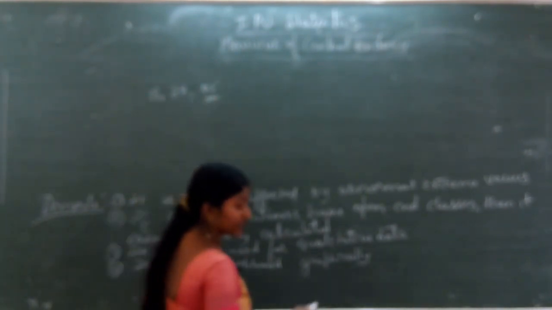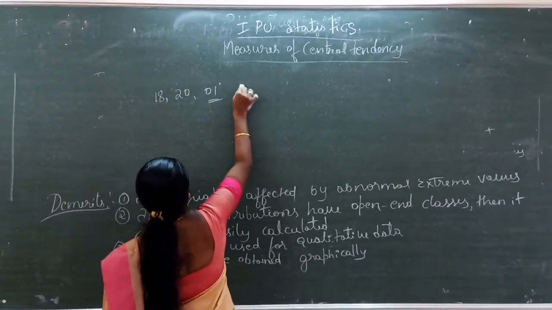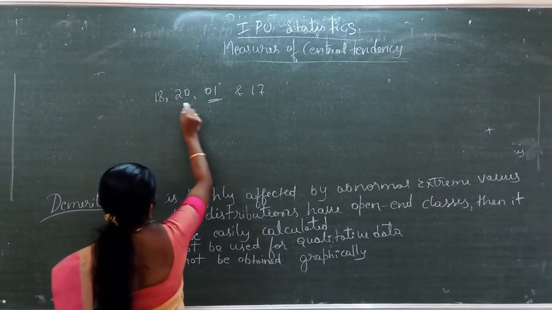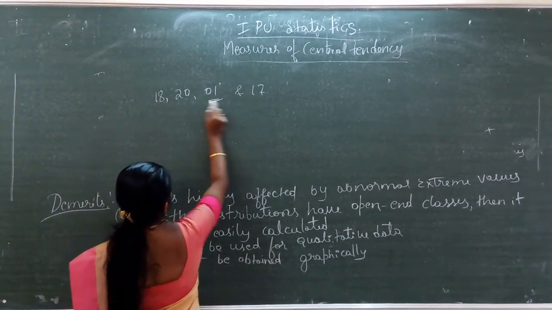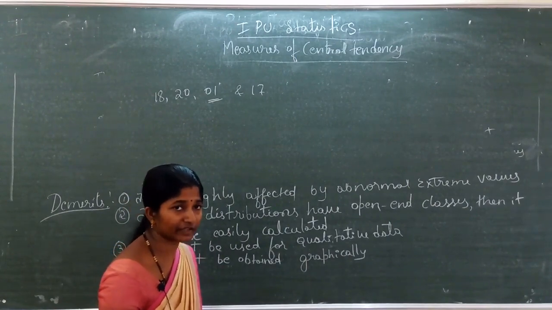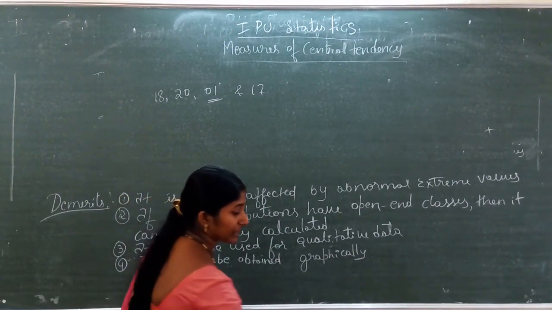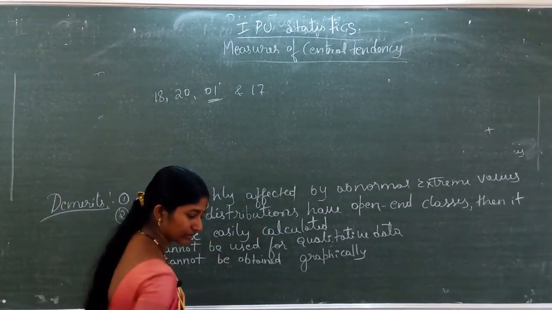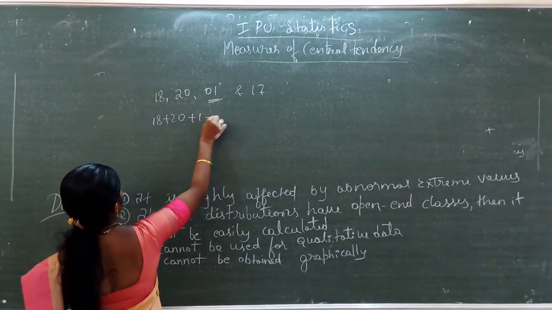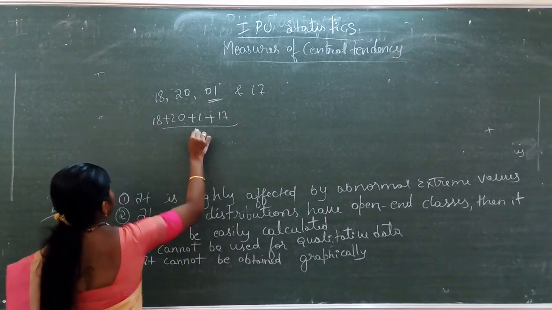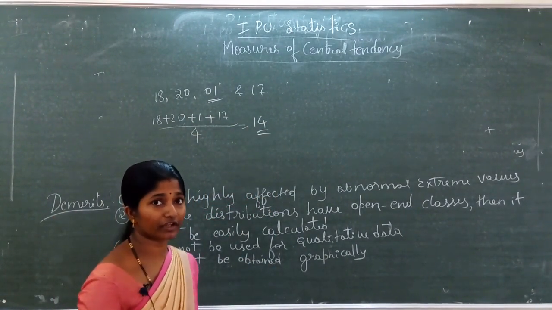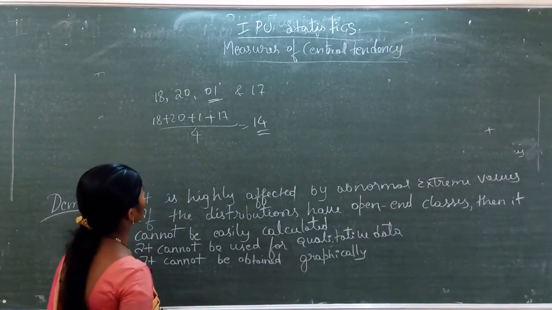Observe this one. One is very less when compared to the other 3. If you find the arithmetic mean, that will give a different answer. 18 plus 20 plus 1 plus 17 divided by 4, our answer will be 14. Why did we get answer 14?